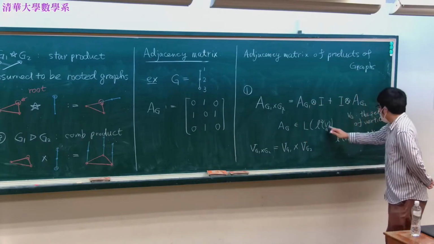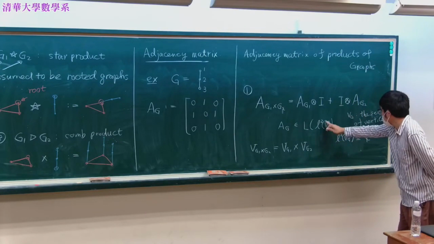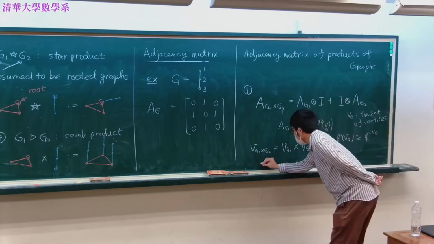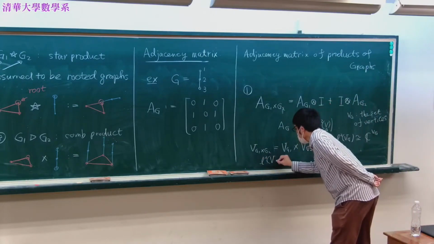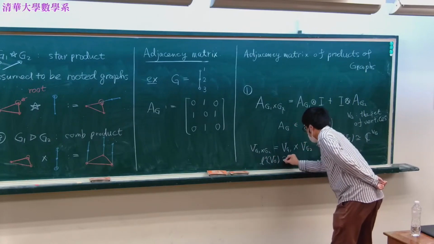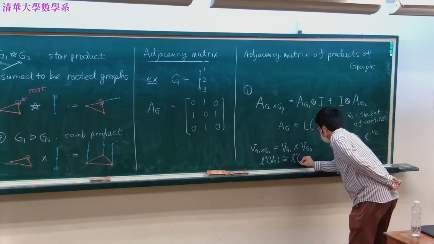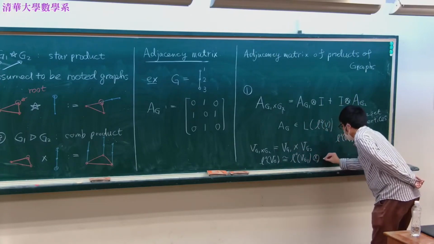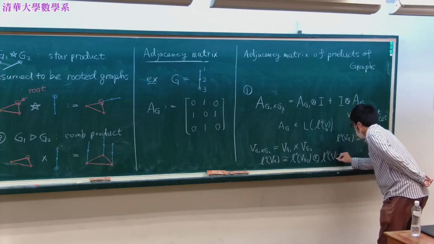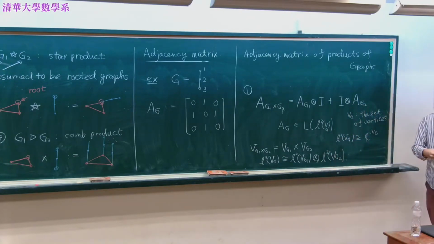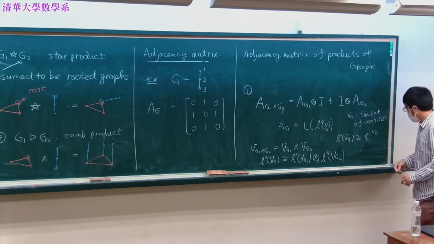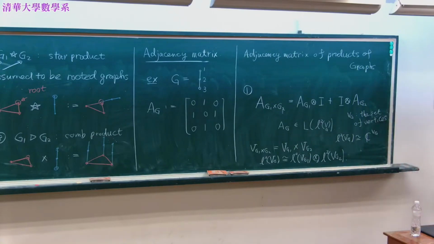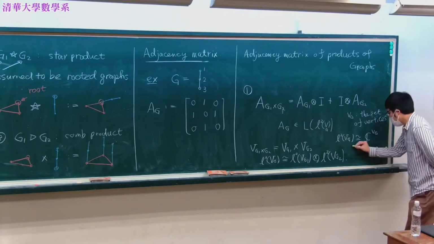Then the function space L2(V_G) has a canonical isomorphism to the function space of V_G1 tensor product V_G2. Maybe I should write this.